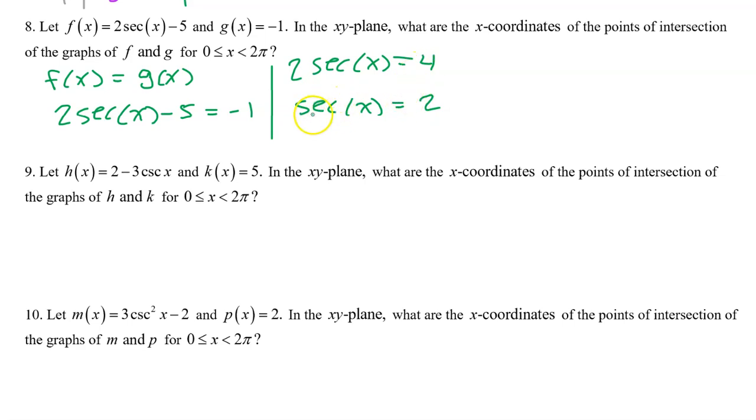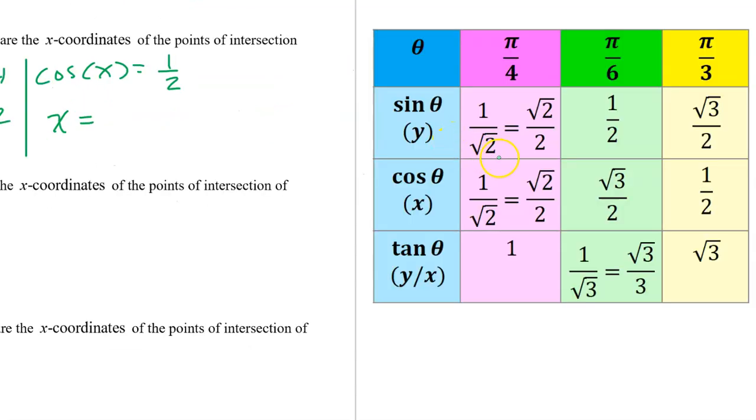The reciprocal of secant is cosine, so we can take the reciprocal of both sides of this equation and get cosine x is equal to 1/2, the reciprocal of 2. We can solve this equation by asking ourselves the cosine of what is equal to 1/2. If you have not yet memorized these 9 trig values, pause the video and memorize this chart right now.